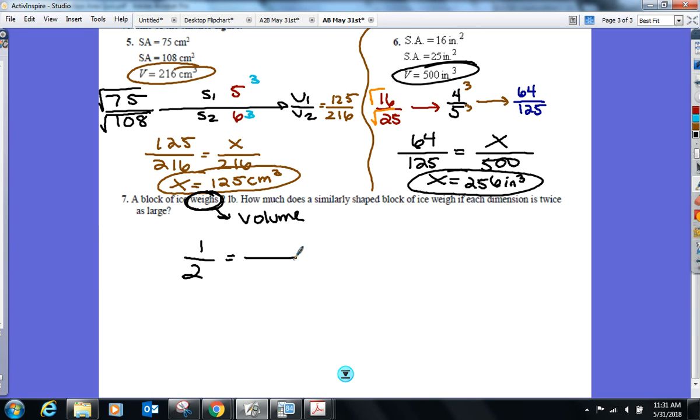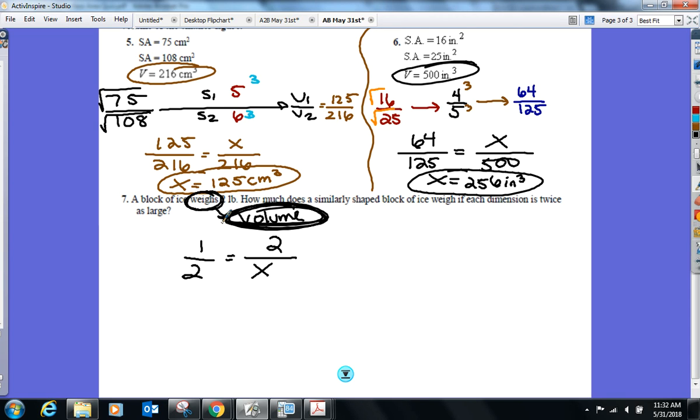And is that 2 pounds for the smaller block of ice or the bigger one? It's for the smaller. Wait, you said the answer wasn't going to be 4. It's not 4. Are the side ratio and the volume ratio always equal?